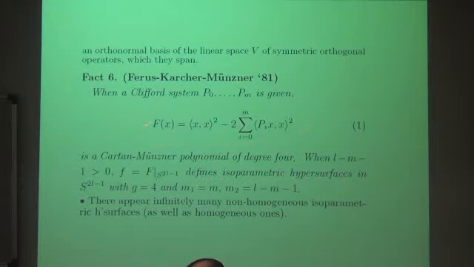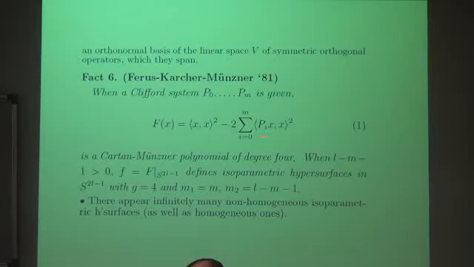And because this is of degree 4, the number of principal curvatures is 4. And multiplicities are given by M and L minus M minus 1. So this is a big discovery, I think. But in the background, there is a very geometrical argument given by Ozeki and Takeuchi.